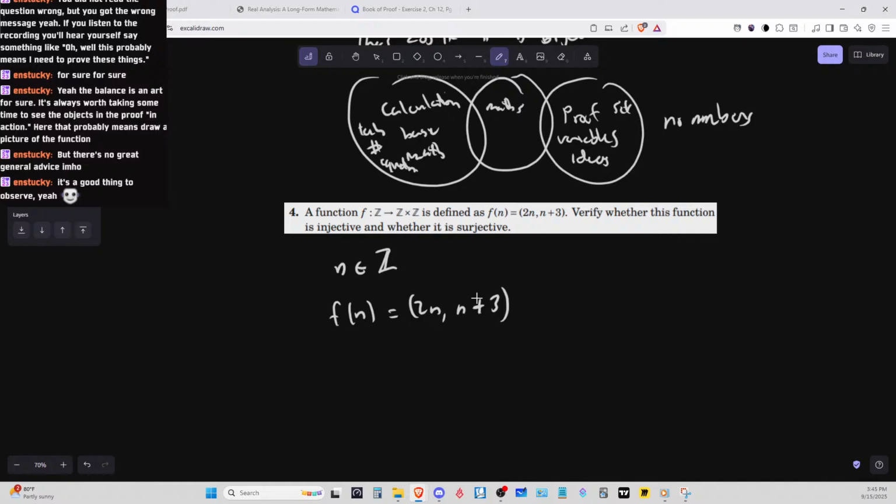So would there be two integers that would give the same result? That's one question, because if two n's give the same outcome for this, then that means it's not injective.